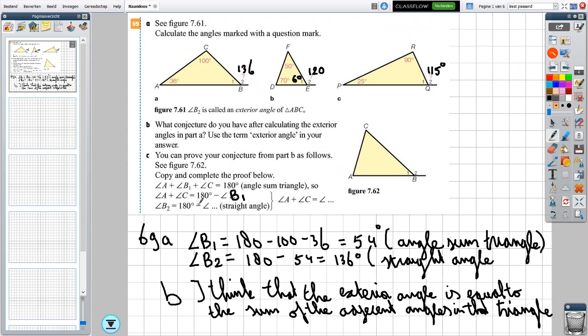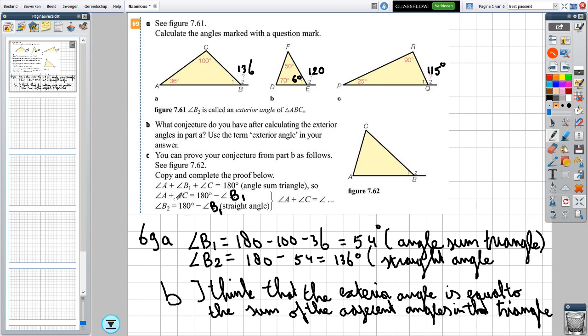And angle B2 is the same as 180 minus B1 as well, because of the straight angle. Hey, so they say angle A plus angle C is equal to 180 minus angle B1. But angle B2 is also equal to 180 minus angle B1.